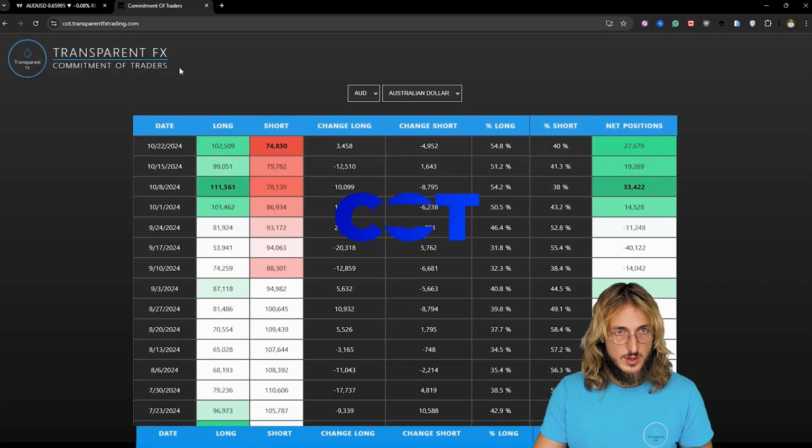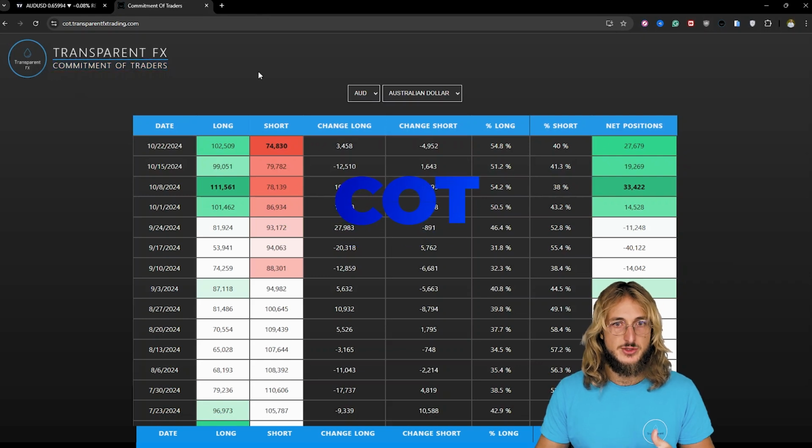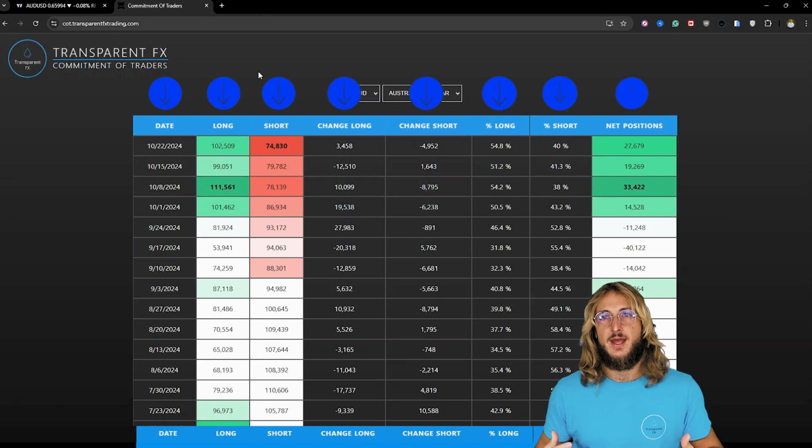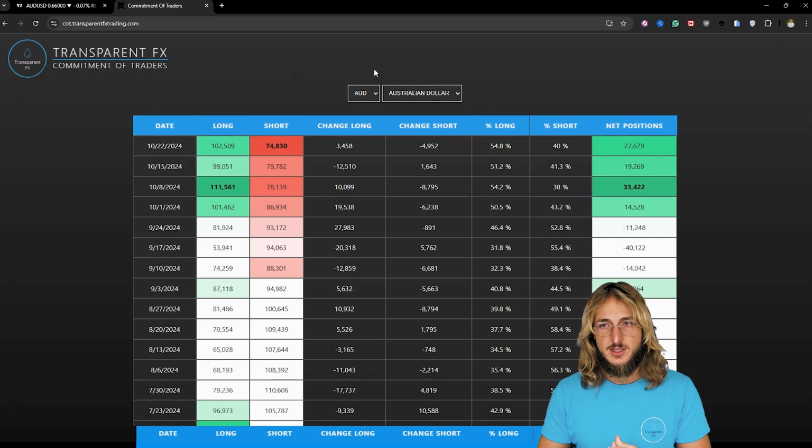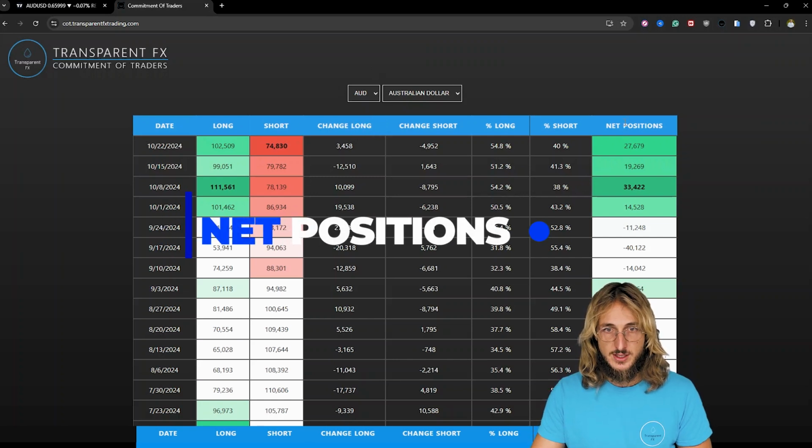Now, if we go and see what we have when it comes to the commitment of traders, so the COT data, so essentially what hedge funds and the big players in the market are doing, and we look at the data precisely for the AUD, the first thing that we have to keep in mind is that if we're looking at the data for the AUD, we're actually already looking at AUDUSD because all currencies on the spot are traded against the USD. And what we can see is that with the last reports, we have seen an increase of the net positions.